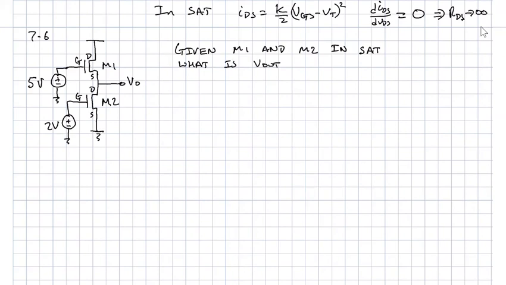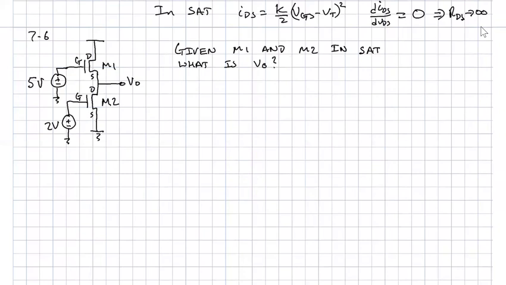So actually, I thought we did have an example that used that unified model. You can do it, it's just a little bit more ugly because it's got those extra terms in it. So this is another example of saturation. We're given that both of these devices are in saturation. We want to calculate, I guess it's not an out, be consistent, what is VO?